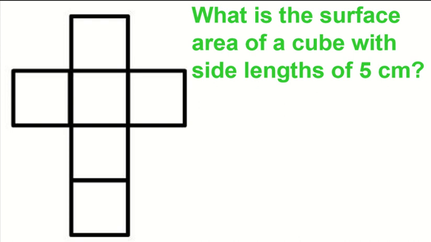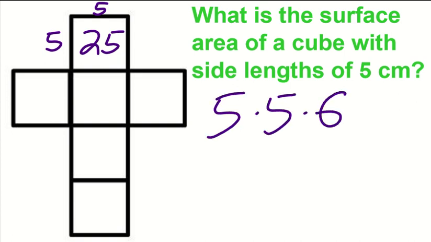You find the area of one of the squares first. So if side length's 5, that means base and height, length and width, both are 5. So we got 25. 5 times 5. Then there's 6 squares. So basically what we got is 5 times 5 times 6, which is 150.